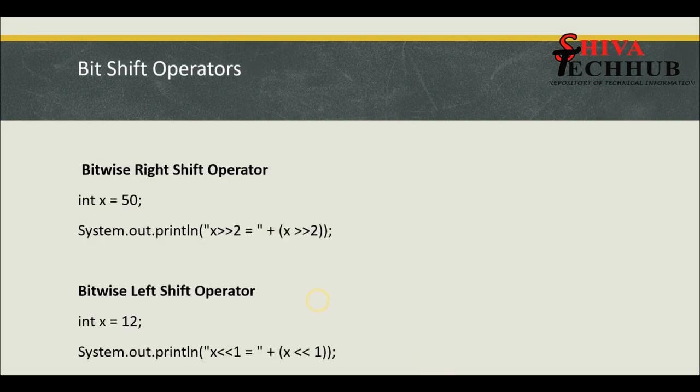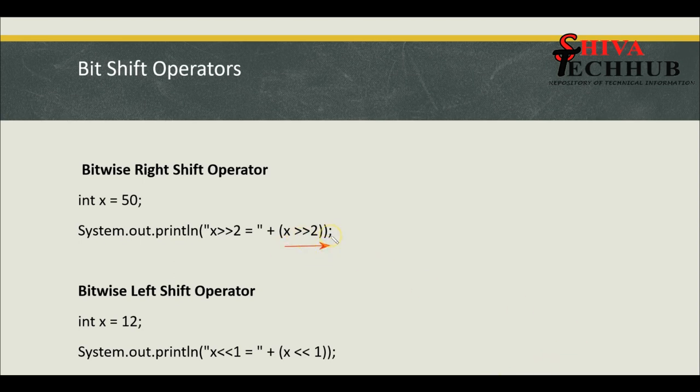Let us look into shift operators, the bitwise right shift and left shift operators. As I said in the previous slide, it is used to shift the number of bits either to the right or left. This is represented by an arrow.